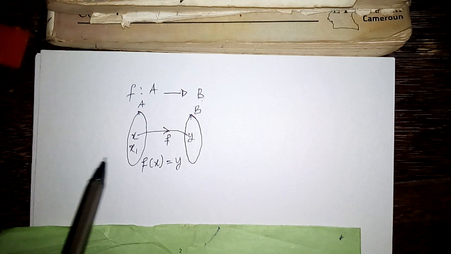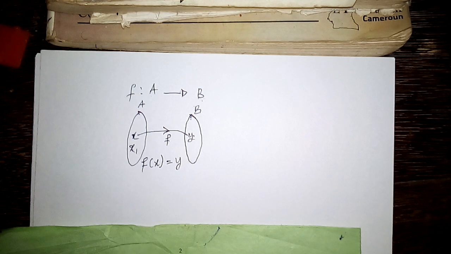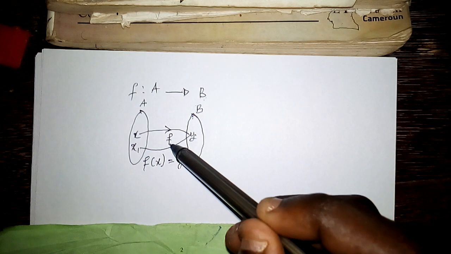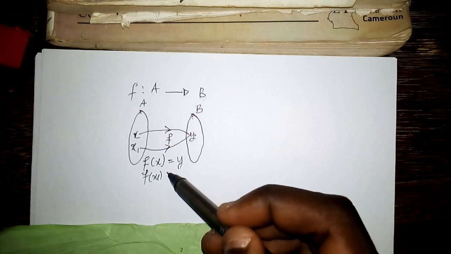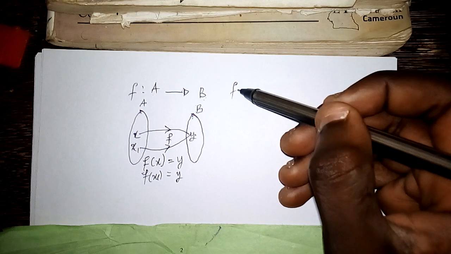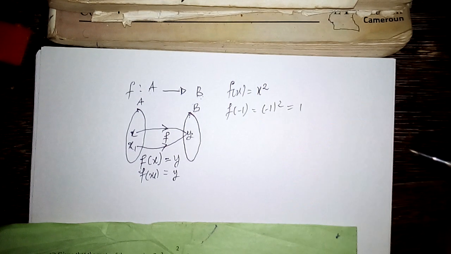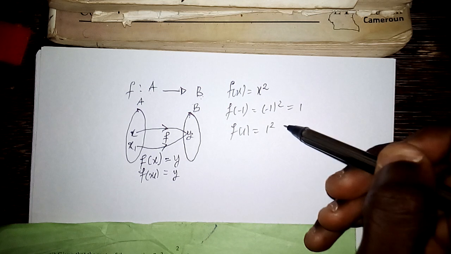So a function is either a one-to-one relation or a many-to-one relation, because this element x1 here can also have the image y. So f of x1 can also be equal to y without any problem. For example, if I have a function f of x equal to x squared, you see that f of negative 1 is equal to negative 1 squared, which is 1. What about f of 1? f of 1 is equal to 1 squared, which is 1.